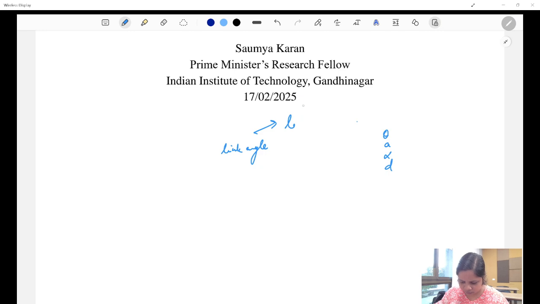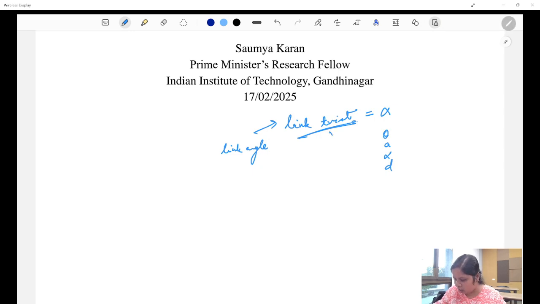Ma'am, what will be the answer for that question? I think it should be link twist. They have given the answer as alpha. Yes, that's what I'm saying. Link angle should mostly come with link twist, because that is basically the angle between the z axes.